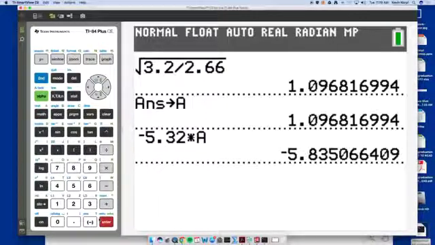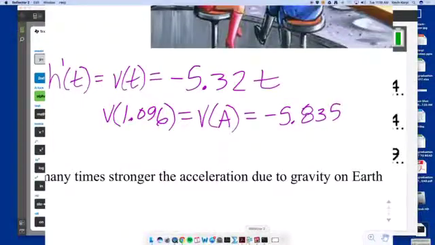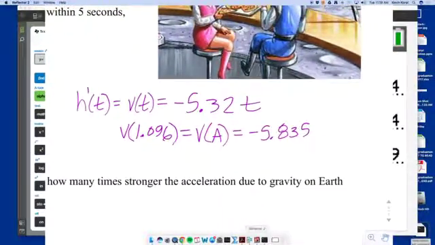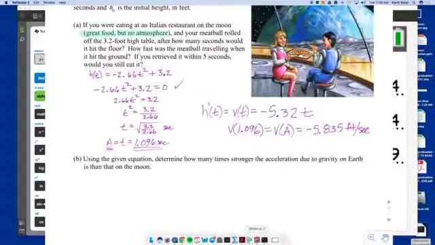That's going to be negative 5.835. If the third decimal had been a 0, you would need to report it. What are the units now of velocity? Feet per second. Good. So you would say then at 1.096 seconds, which is exactly when the meatball, or how long it was in the air, it was traveling downward at 5.83 feet per second.